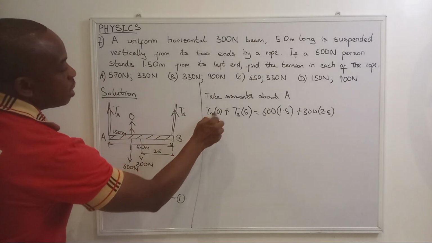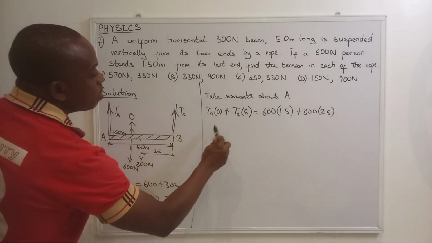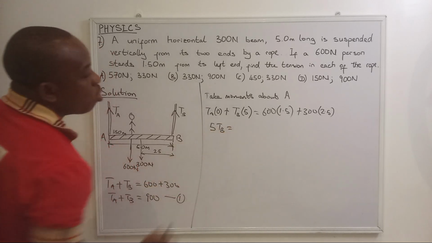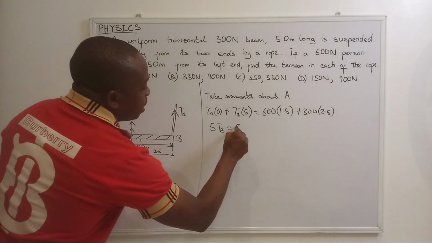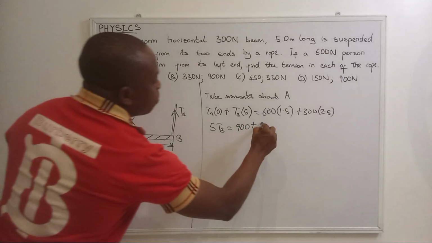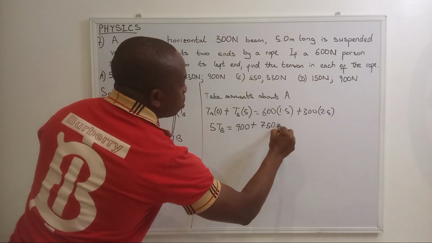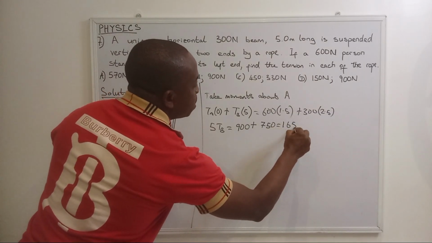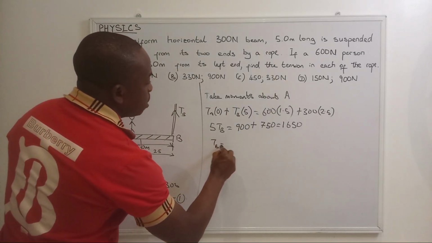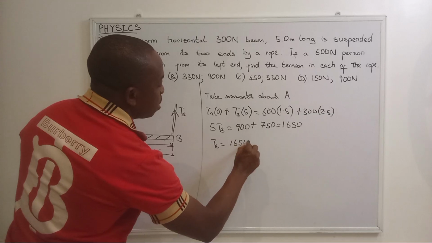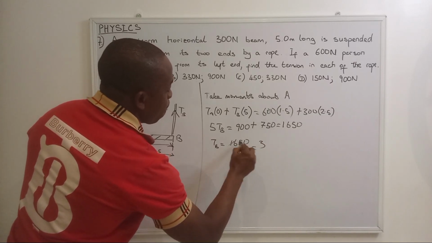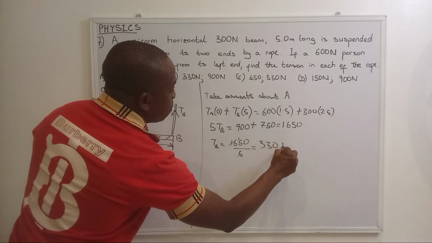So of course TA times 0 is 0. So 5 TB is equal to 900 plus 750, which is 1650 Newtons. And so TB is 1650 over 5, which is equal to 330 Newtons.